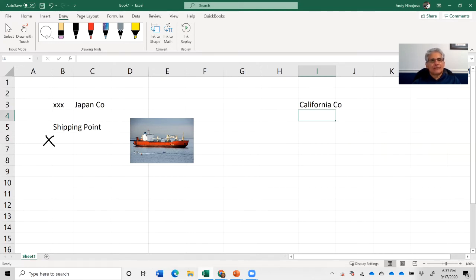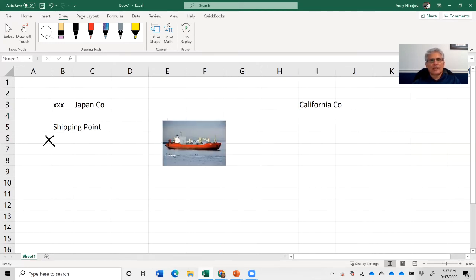And if something happens to this ship on the way over to California, then it doesn't matter. When I get this invoice, I've got to pay for it. That's mine. As soon as it leaves the dock in Japan, I've got to include that as my inventory, even though it's not in my physical custody.